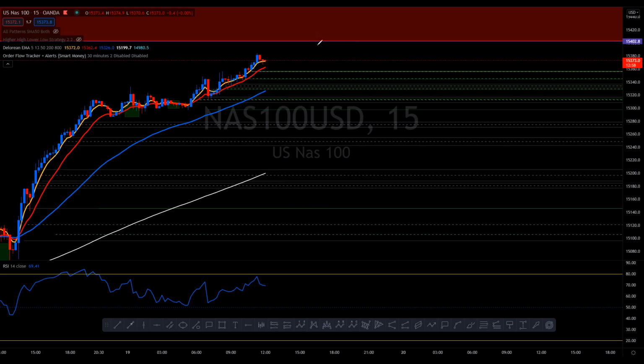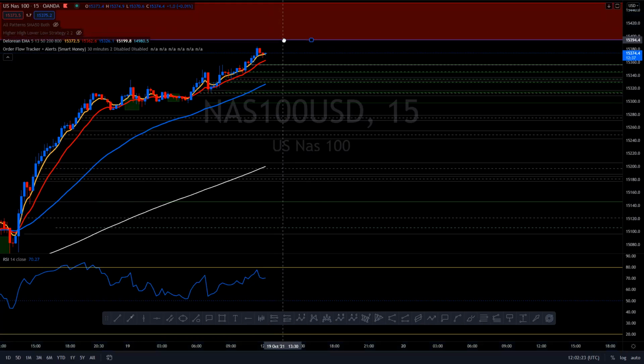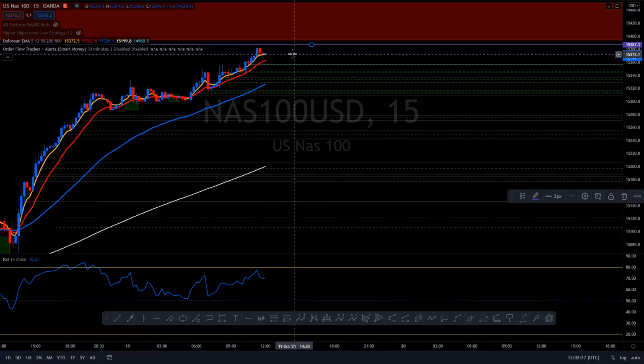So my goal is to wait until the EMAs cross each other. That's the goal. Now, price may possibly push back up a little bit and hit this resistance a little bit more. We got resistance up here, so I call this a supply and demand. So price might actually do that.